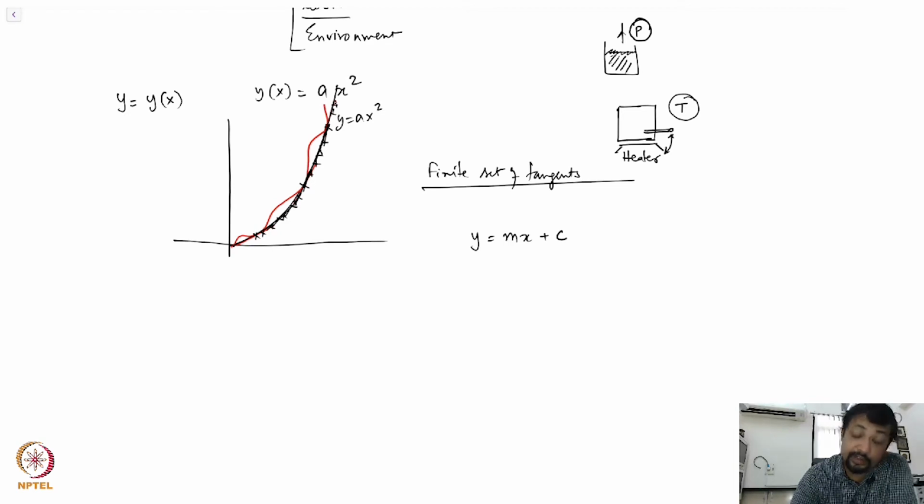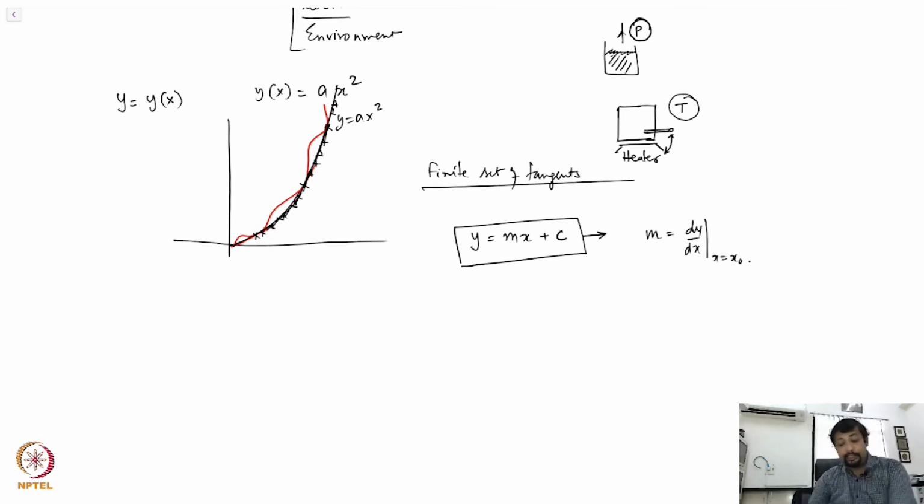I can reconstruct the whole function. So the idea is very nice, and the equation is very simple. The equation of a tangent is y equals mx plus c, where m is the slope, dy/dx at the point x equals x naught, and c is the intercept.